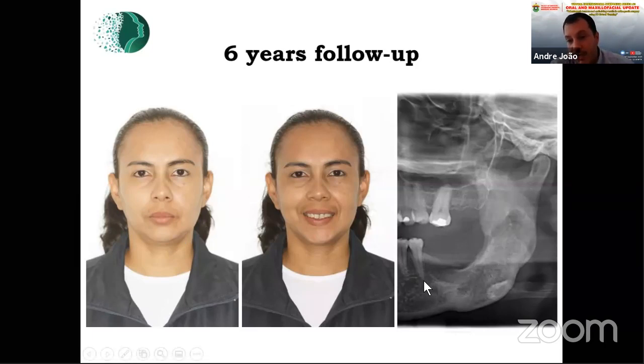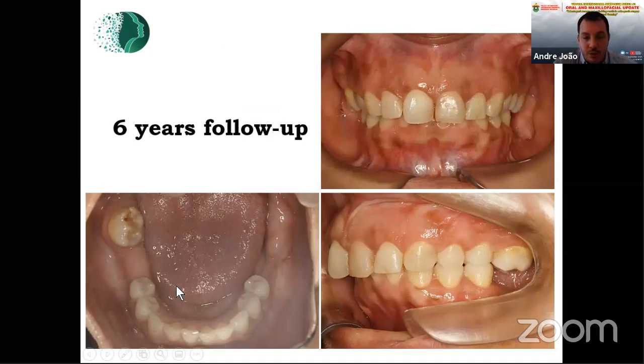And here is the image of this bone 6 years after the treatment. So, intraoral view. The patient moved to another city, and she did orthodontic treatment. This was the documentation before.